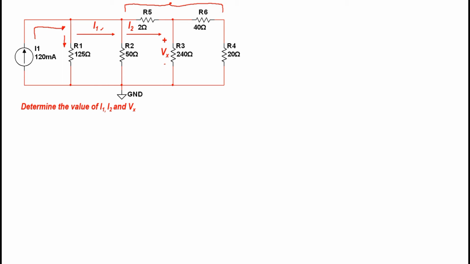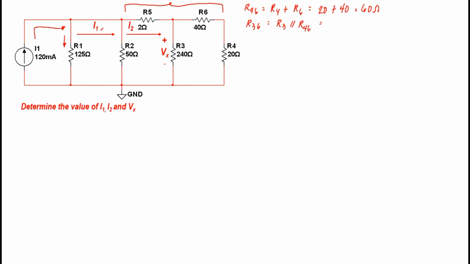Okay, to start, let us first get the series combination of R4 and R6. That would be R46, R4 plus R6, and that would be 20 plus 40 equal to 60 ohm. Then this R46 will be in parallel with R3. So R36 is R3 in parallel with R46.